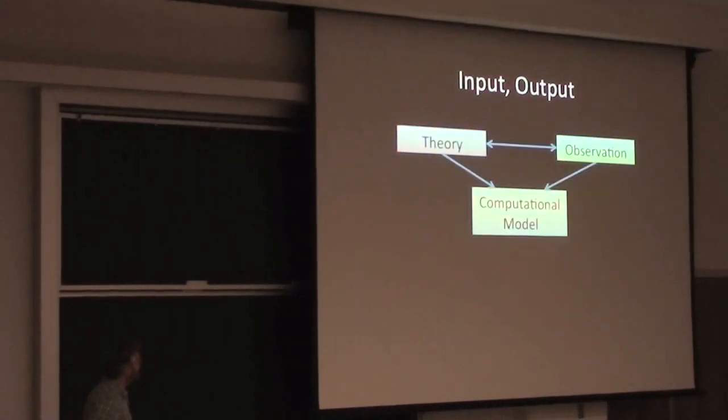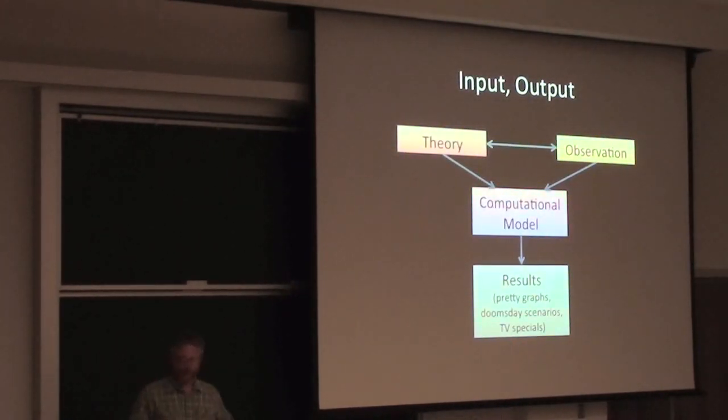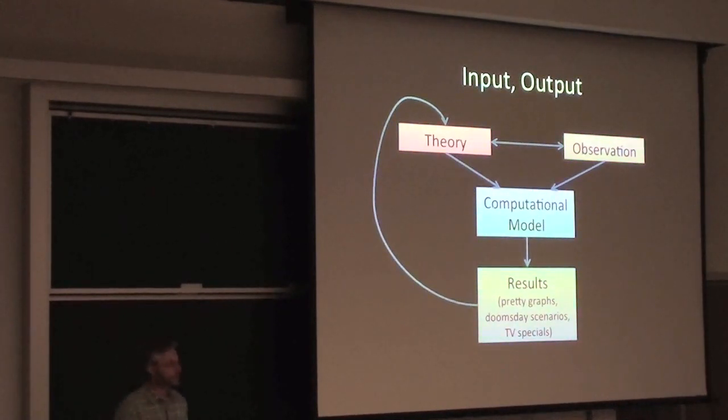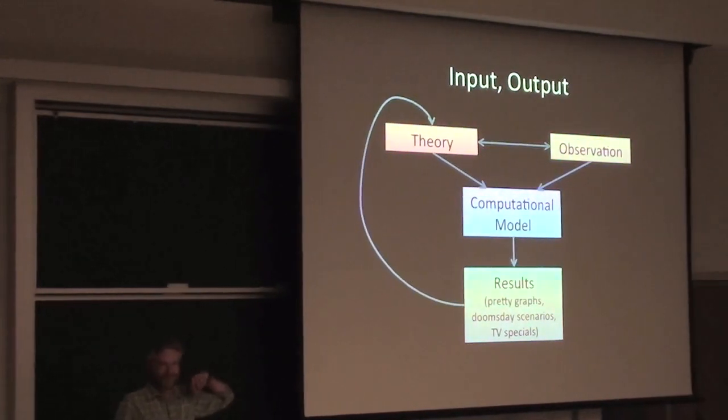All right, so this is, of course, a feedback kind of loop, and all of these different areas are important. One of the things that I'm interested in doing is working with paleontologists and applying this to understanding changes in biodiversity in the fossil record. So this goes back into an entirely different theory box.